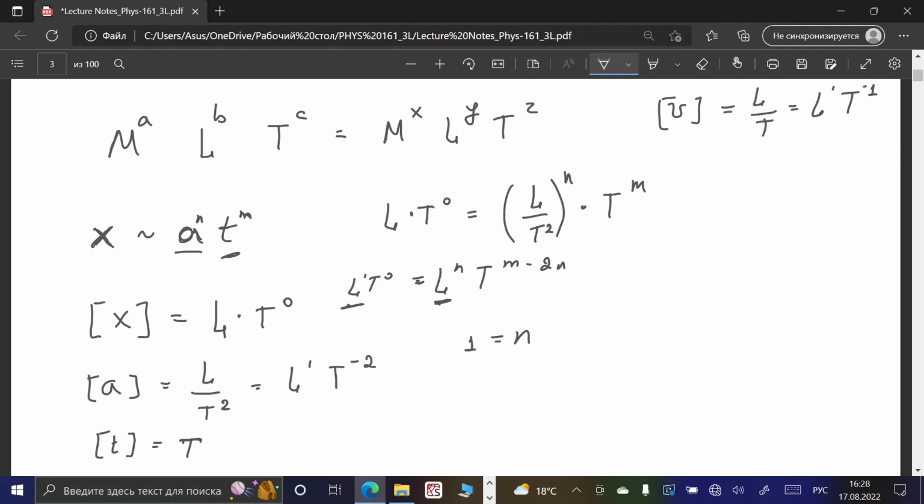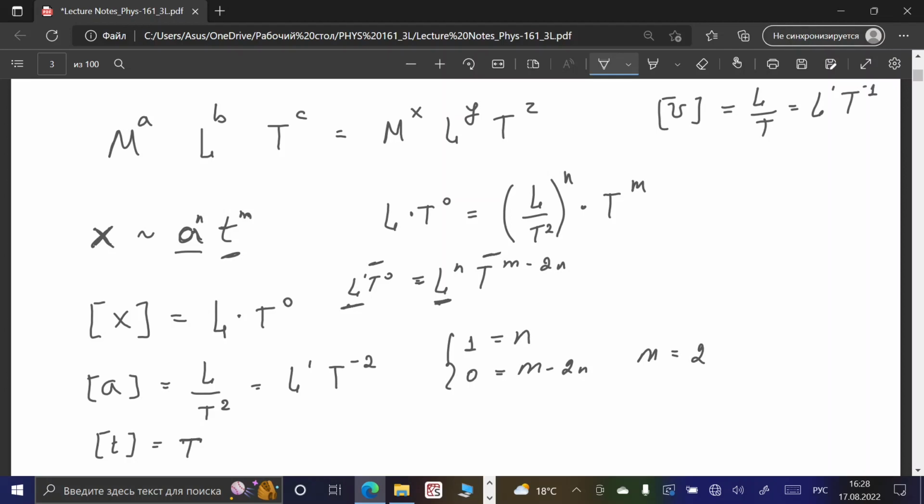Now for the time dimension, we write 0 equal to m minus 2n. So we have a system of two equations, and we already know that n is equal to unity. We can substitute this into the second equation, and m is equal to 2.